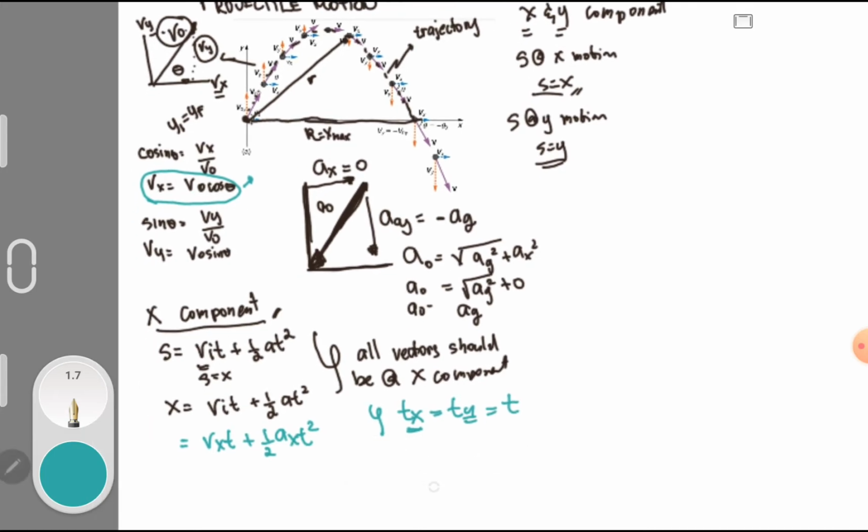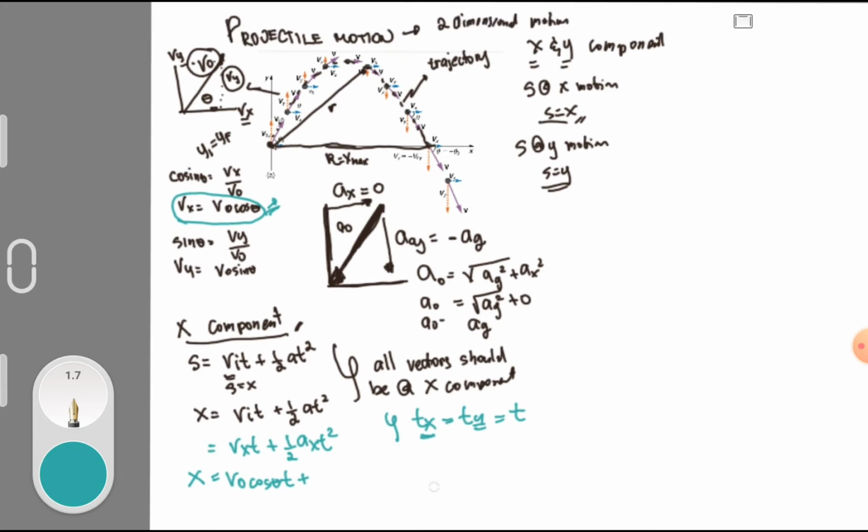But what is our Vx? Take note that our Vx is equal to Vo cosine theta. So, Vo cosine theta multiplied by T, which is equal to our X. Take note that at your horizontal motion, we have our velocity, your Vf is equal to your Vi. When you're talking about your Vx is equal to Vi, therefore we have our constant velocity and we have our zero acceleration.